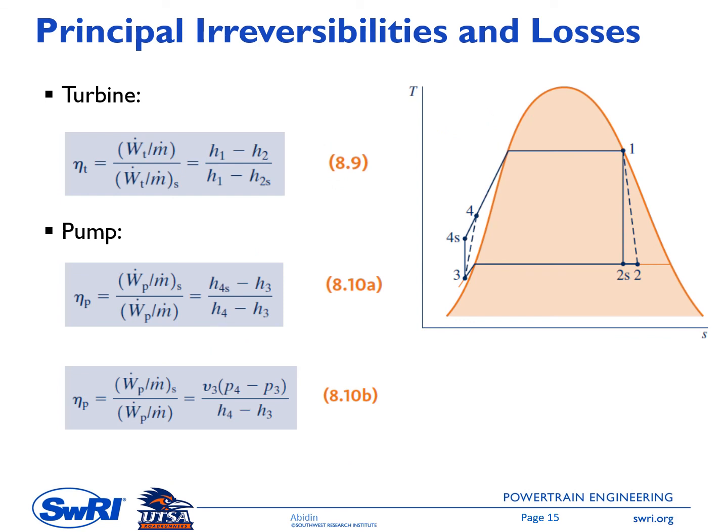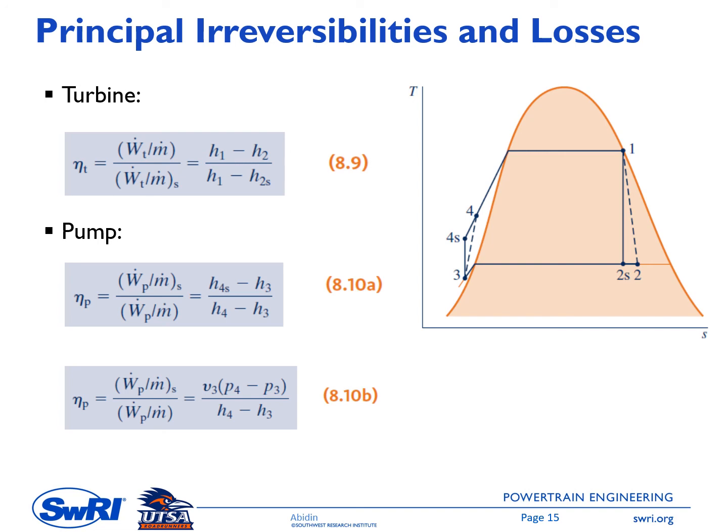Okay, in Thermo 1, we also introduce irreversibilities and losses inside individual components. The first one is if we have irreversibility within the turbine, then at the exit of the turbine, at point 2 here, the entropy is higher than the entropy at point 1. Although the process is adiabatic, we have internal irreversibility inside the turbine, so the entropy increases.